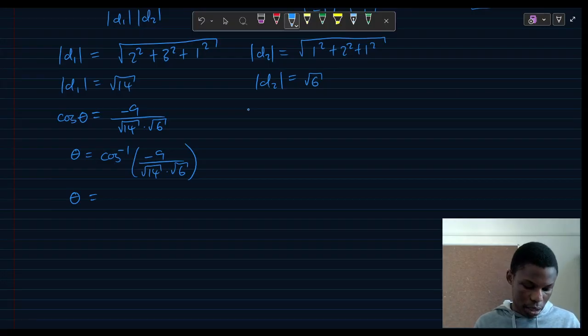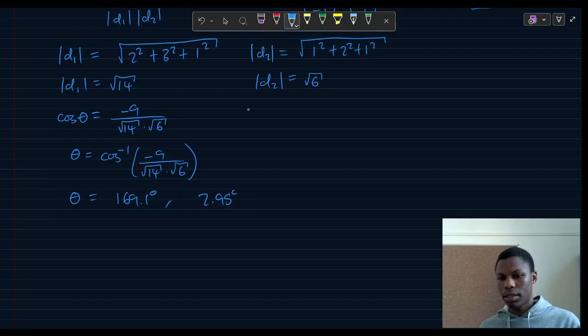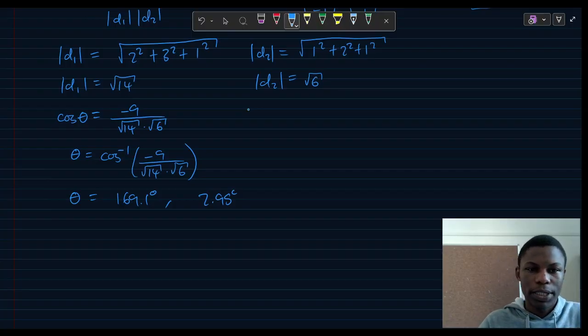I am in degrees because I want to make sure that I can see my angle is obtuse. So that's arc cos of negative 9 over root 14 multiplied by root 6, which gives us theta is 169.1 degrees. Or if you did it in radians, then you should be getting 2.95 radians. Both answers work since they haven't specified.